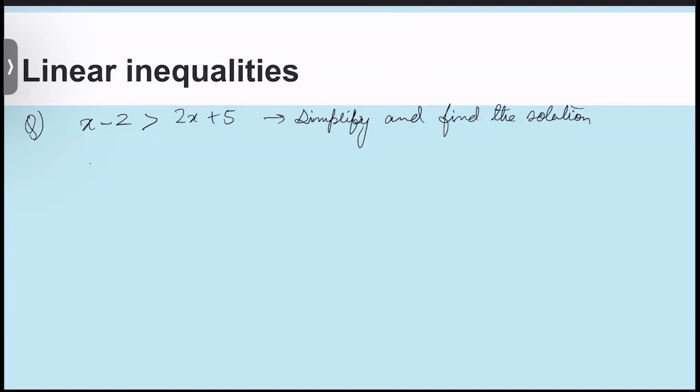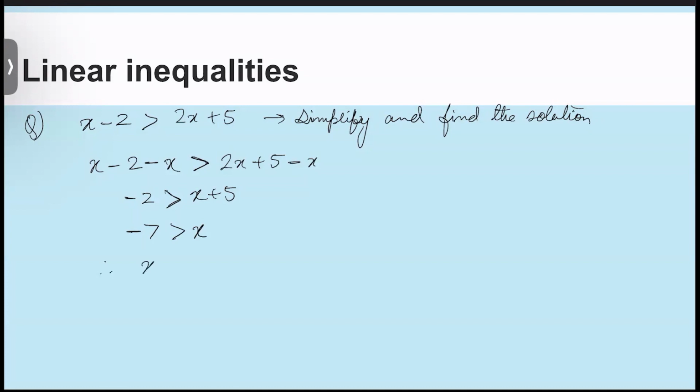Okay, so you can write this as x minus 2, and say if you want to remove the variable from the left hand side, the inequality sign remains the same. You have 2x plus 5 and minus x. So what you are left with is minus 2 is greater than x plus 5. Now if you take 5 to the other side, you have minus 7 is greater than x.